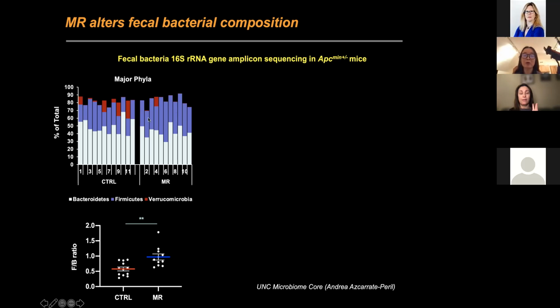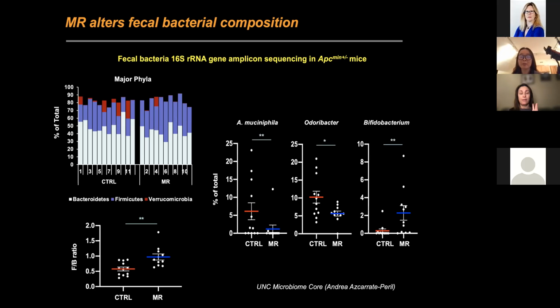Also, in almost all tested animals, methionine restriction almost completely wipes out another major phylum of bacteria, Verrucomicrobia. When we look at a more detailed level, we can see that methionine restriction can dramatically reduce Akkermansia and also reduce Odoribacter, but increase the abundance of Bifidobacteria.